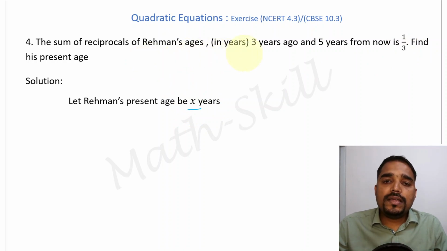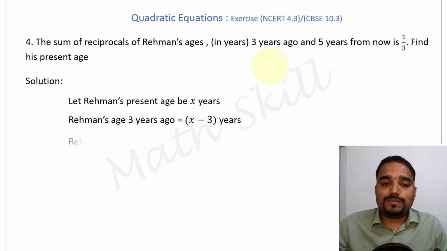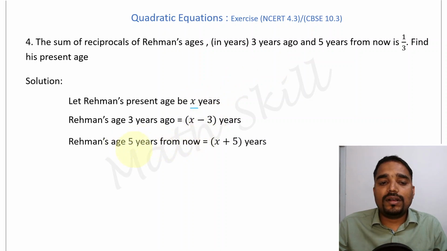Now, if x is the present age, then Rehman's age 3 years ago would be x minus 3, and similarly 5 years after, his age would be x plus 5. 5 years from now is similar to after 5 years.